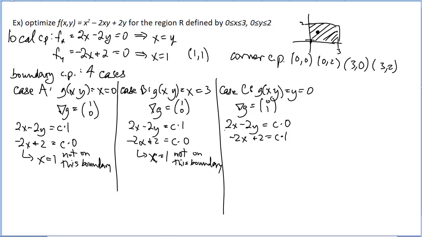So the top equation gives us 2x minus 2y equals 0, therefore x equals y. But notice that we're in the case where y equals 0. So that tells us that x equals 0. And this gives us the boundary critical point (0, 0).